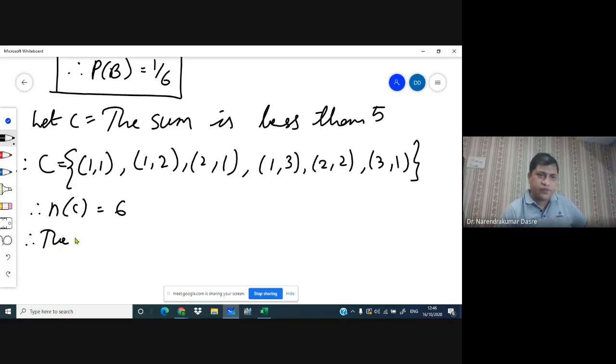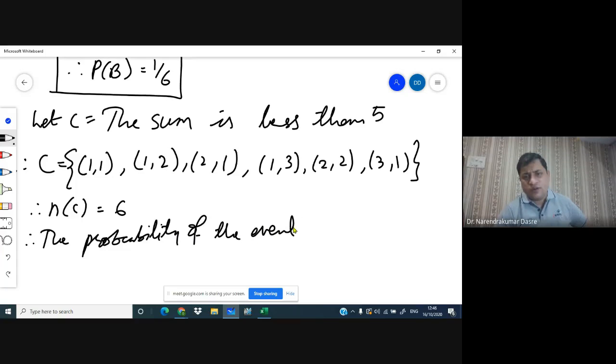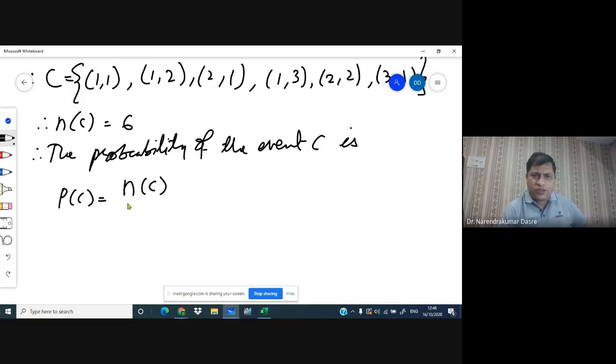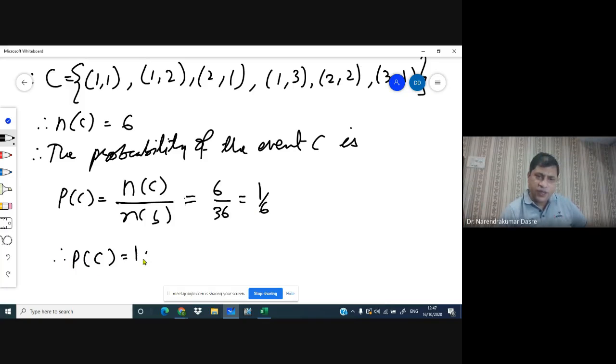So we can write the probability of the event C. Probability of event C is the number of points in C upon the number of points in S, which is 6 by 36, so it is 1 by 6. So we got the probability of C is equal to 1 by 6.